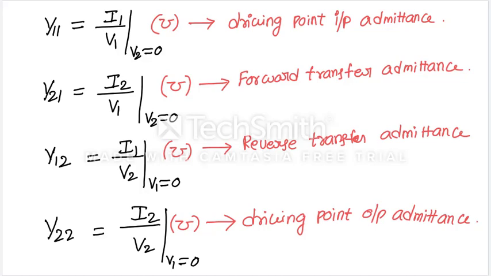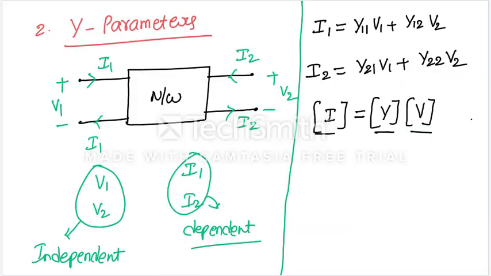Now you can see, to get these parameters, v2 0 and v1 0 mean the ports must be shorted. Voltage 0 is shorted. So Y parameters are also called short circuit parameters.